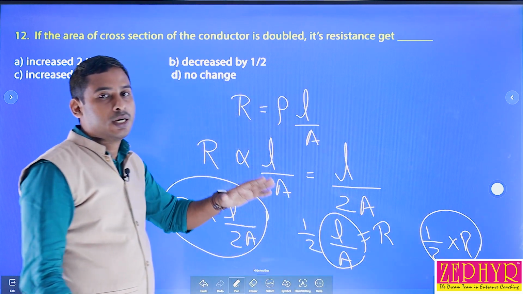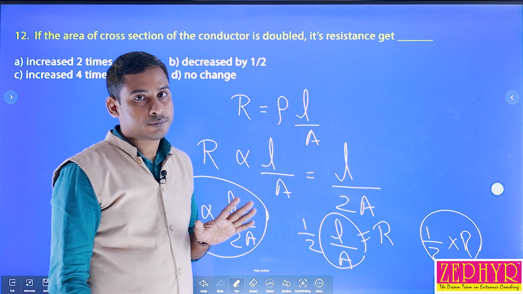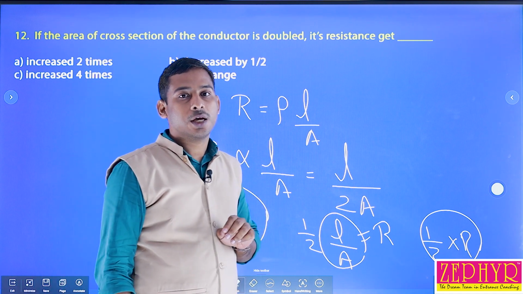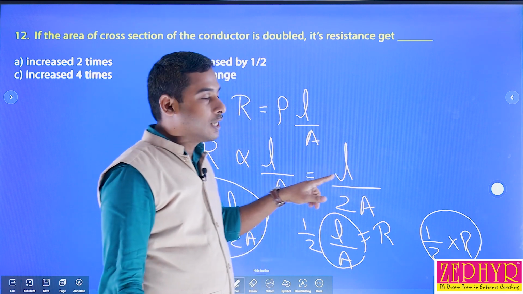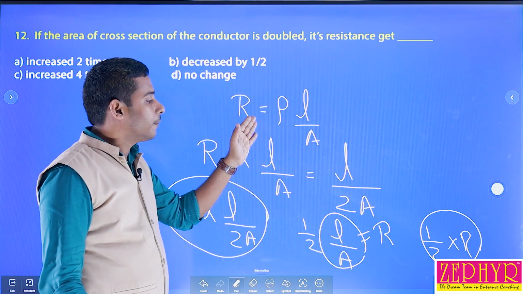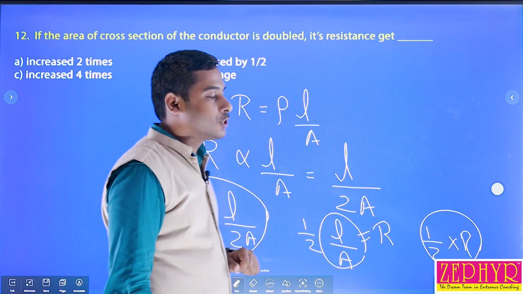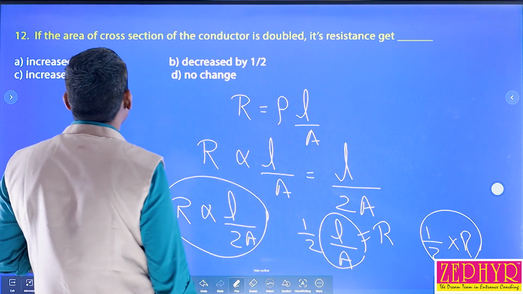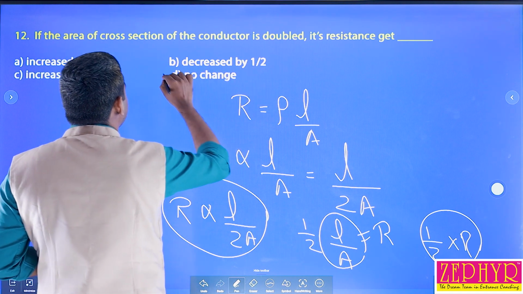So, keep in mind, if the area of cross section is doubled, that is A becomes 2A, the value of resistance becomes half of the original or initial value. That means we can say decreased by half.